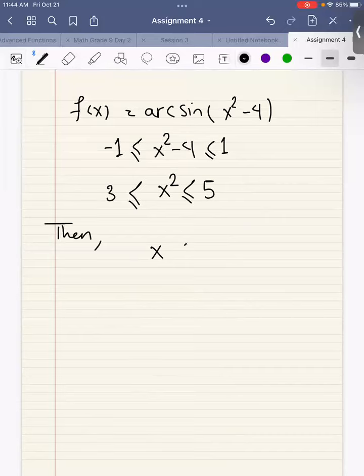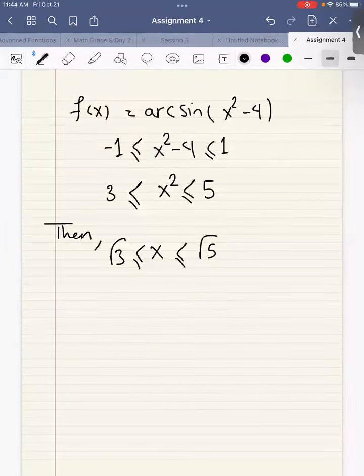So one solution, yes, is between root 3 and root 5. But x, for instance, can also be equal to -2. -2 also satisfies this inequality because -2 squared is 4, and 4 is between 3 and 5.